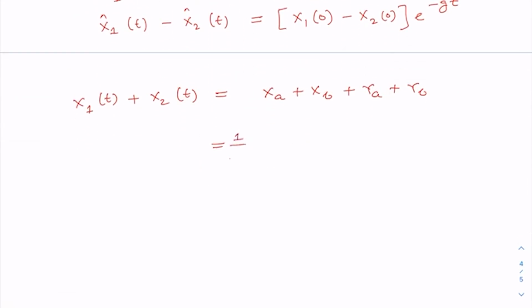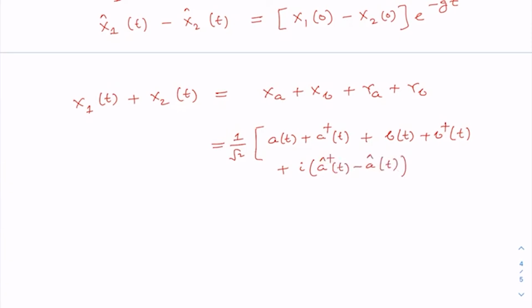So you will get 1 by root 2 times xa, which would be a of t plus a dagger of t, and xb is equal to b of t plus b dagger of t, and ya is equal to i into a dagger of t minus a of t, and yb is i times b dagger of t minus b of t.